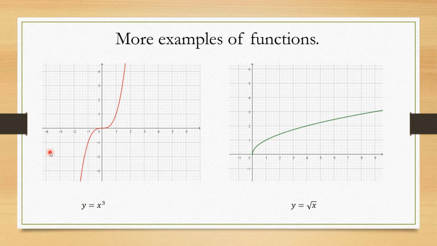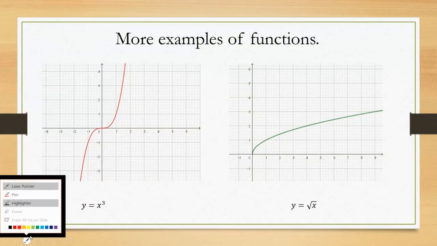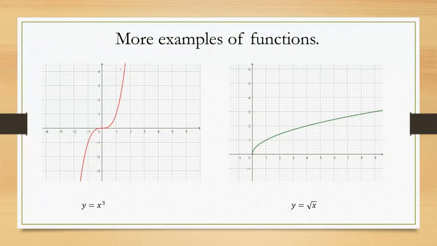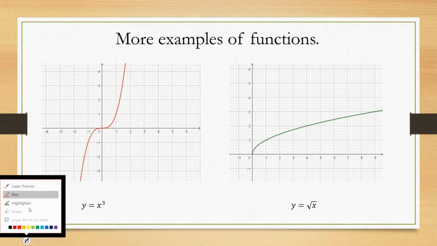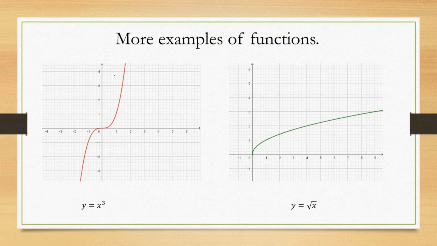Now we have y equals x cubed, so that's a function because the graph of it is the graph of a function. Hopefully you can see that any vertical line you draw will intersect the graph at most once. In fact, let me draw some. That's red, so let me just change the color a bit. There we go.